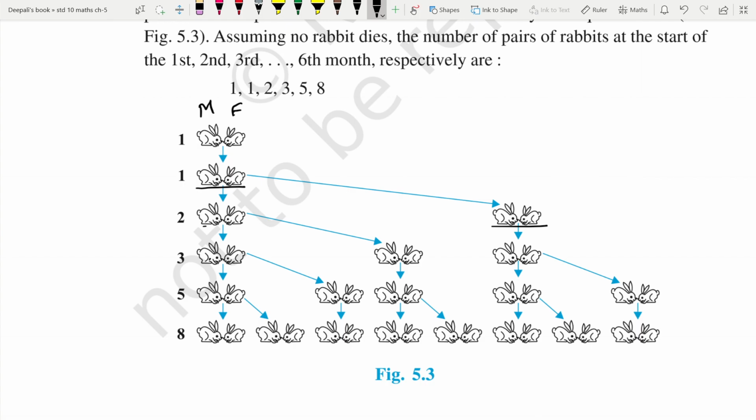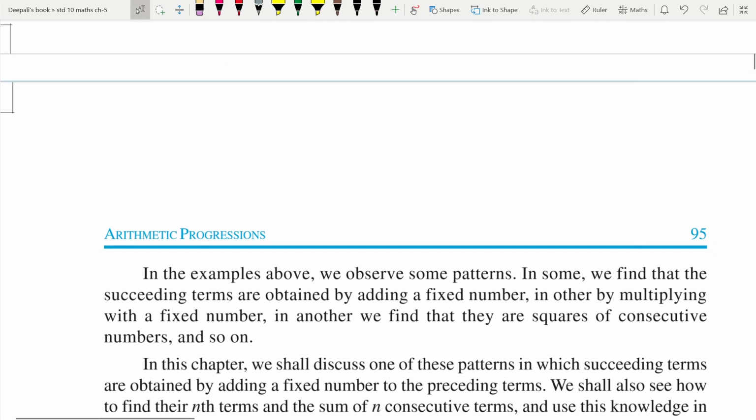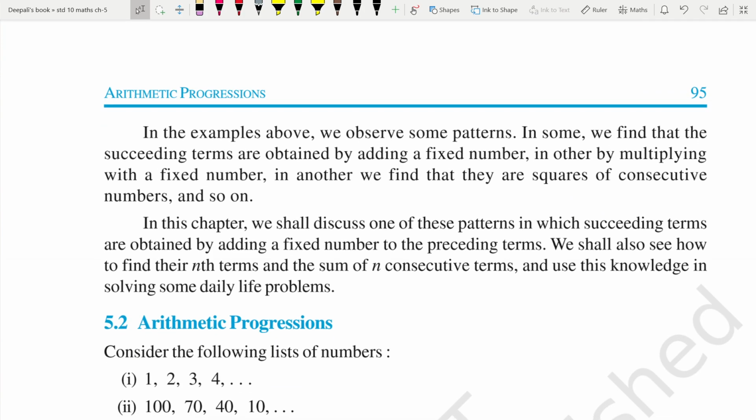Now this newly born baby pair of the first parents again gives birth to a new baby pair. The pair of rabbits given birth by the mother and father in the second month also reproduce and give birth. Every rabbit which is born from the mother and father keeps on giving birth, and the total number of rabbits at the end can be calculated easily.